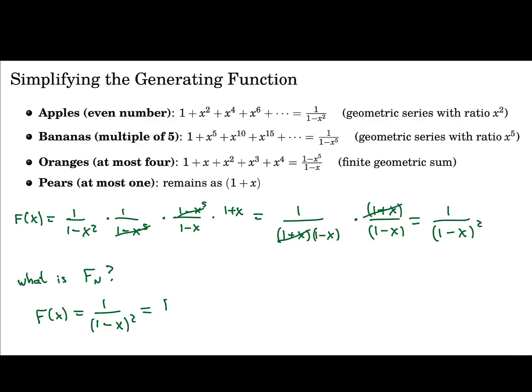This, you can write as some power series, some infinite polynomial, f0 plus f1 x plus f2 x squared, and we are interested in what is f of n that we obtained there. But now, for a closed form solution, this is quite simple. So we found that our f of x is equal to 1 over (1 minus x) squared.